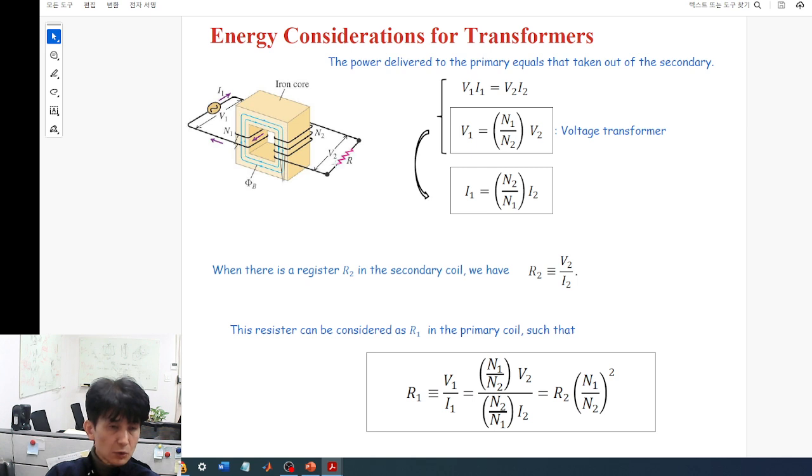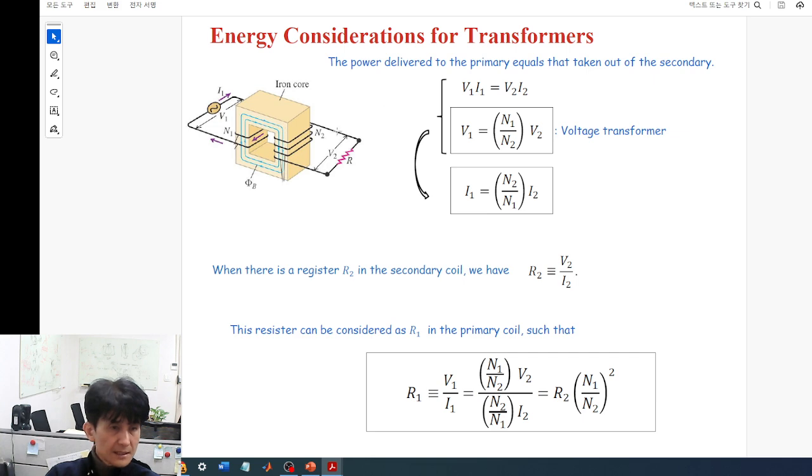If this is 200 volt and 100 volt, if this is 2 and 4, then the current over here is half of the current passing through coil 1, because this is 2 to 1. So I1 is twice of I2. So that's the relation.